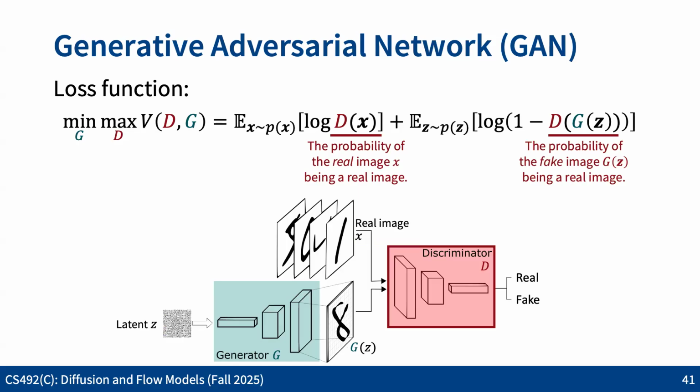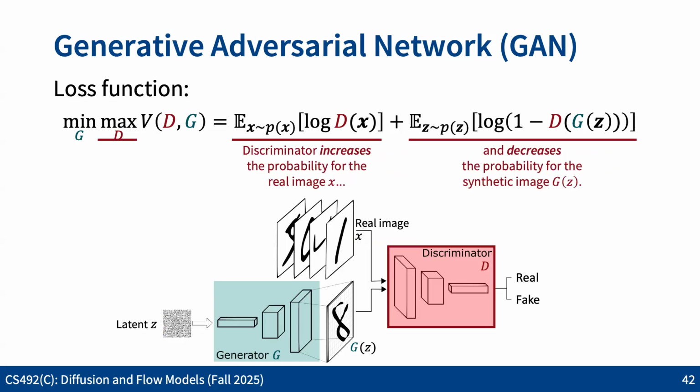And we can see that this is an optimization problem where we are maximizing the loss function over the parameters of the discriminator, which means that we want to increase the probability of this. Obviously, this is the real image sample, right? So we need to maximize the probability of how likely this is a real image.